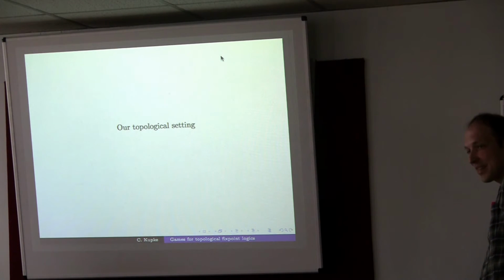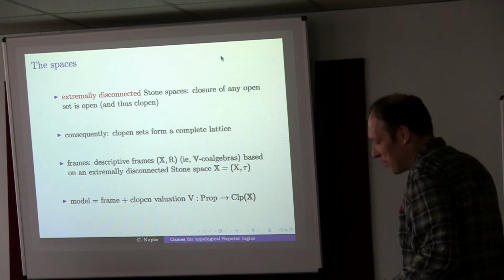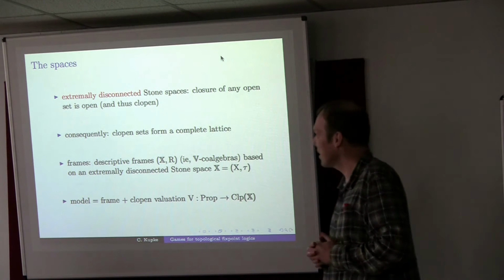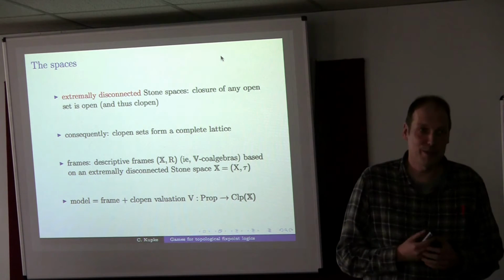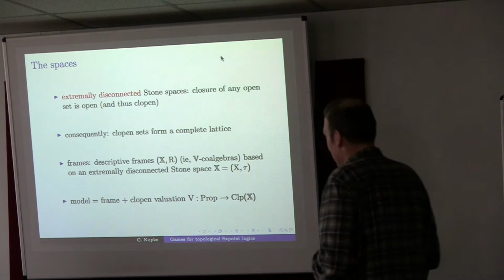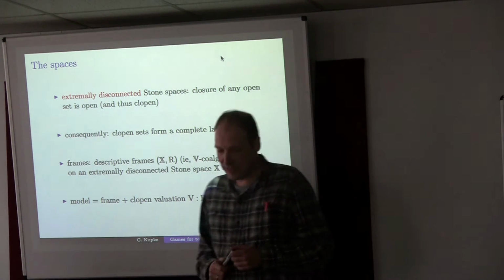So what's our setting in the first place? We are based on Kripke frames with topology. And the topology is unfortunately not just a Stone space, but what's called an extremely disconnected Stone space. So what's an extremely disconnected Stone space?